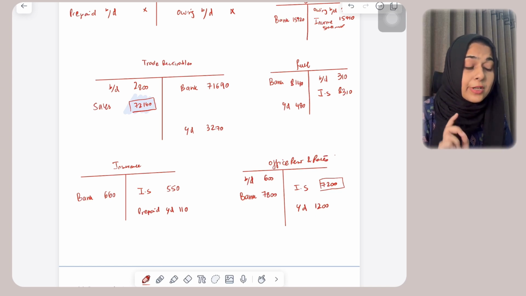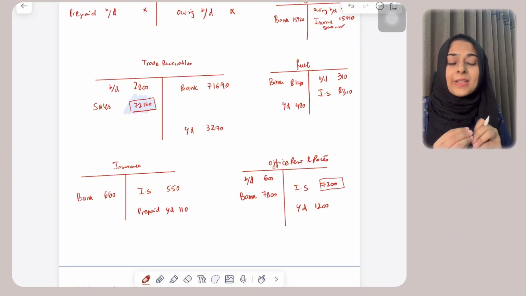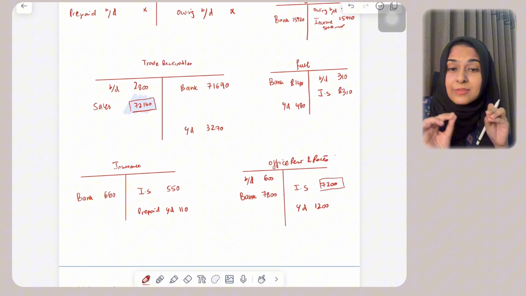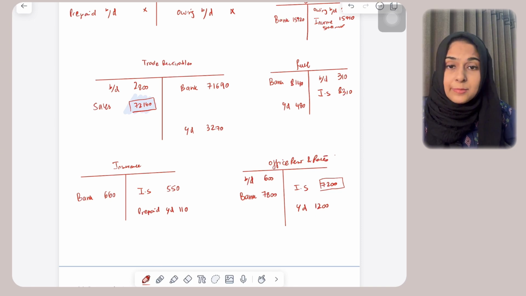And in case of expenses, if we have taken the service, but we have paid extra, or haven't paid the full amount, or haven't paid any amount, we still need to write that as an expense in our income statement.